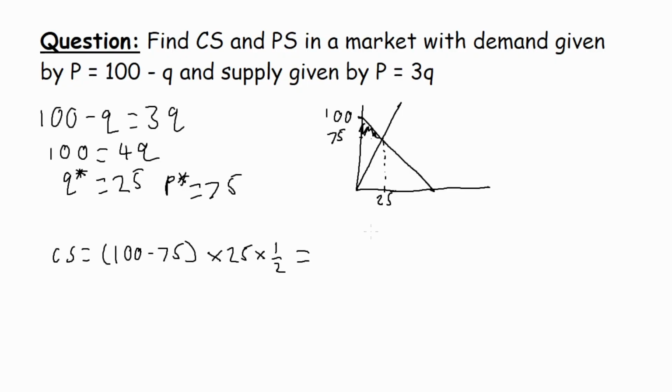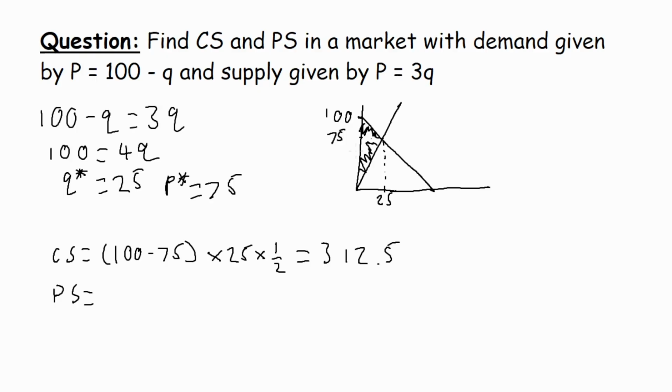I'll just put this into my calculator quickly. 25 times 25 times a half gives us a value of 312.5 for consumer surplus.